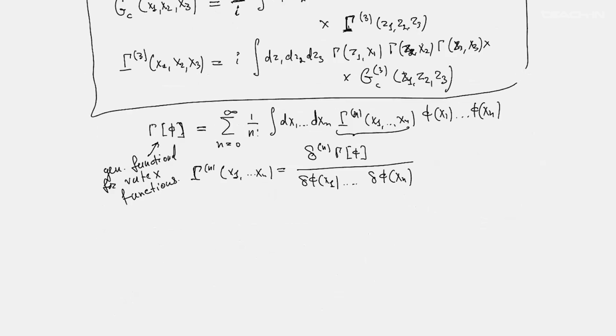You have a full Green's function, full propagator, which you can denote as the following blob, a circle, with 3 legs coming out. This would be what I denote by G3 on x1, x2, x3 connected. So the full connected Green's function with 3 legs.